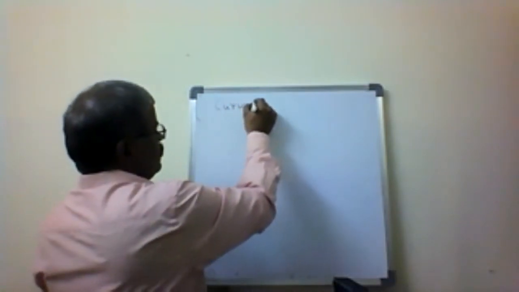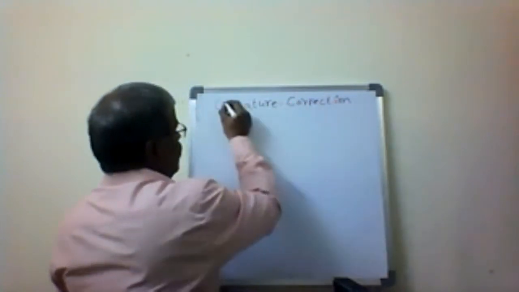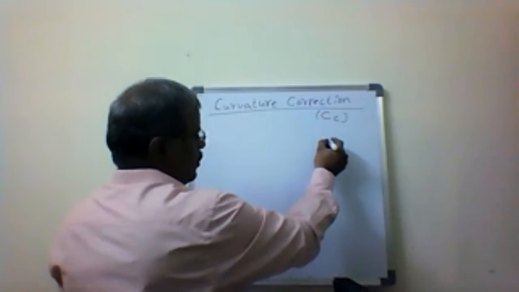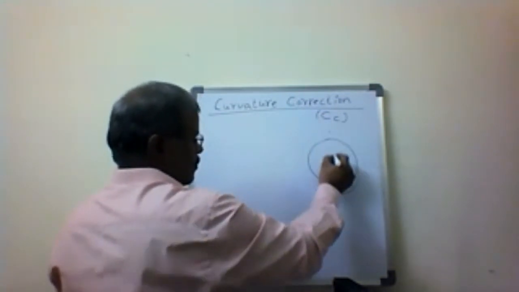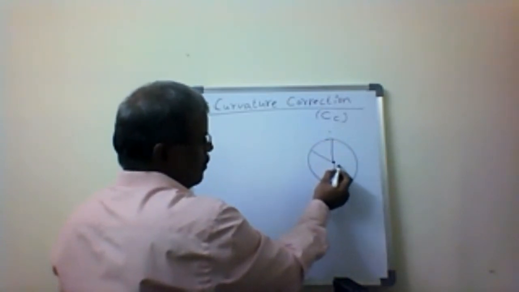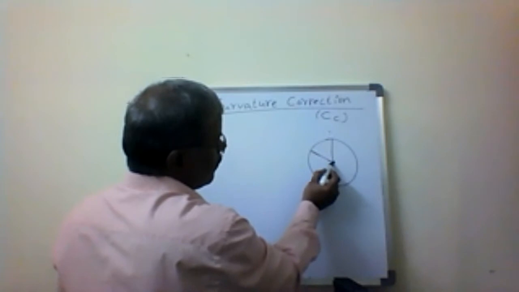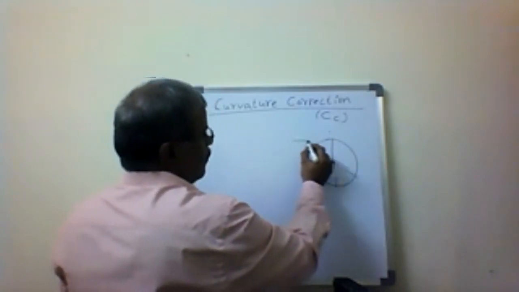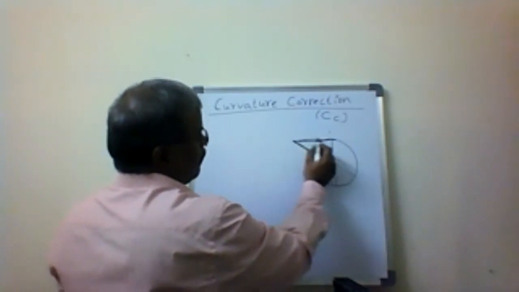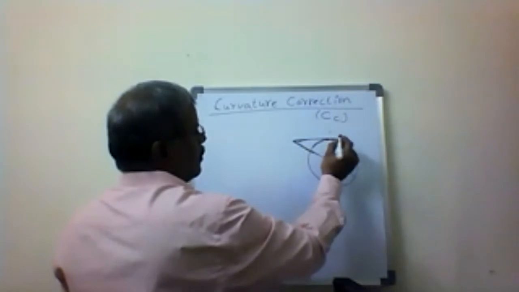Curvature correction is CC. How are we going to calculate it?